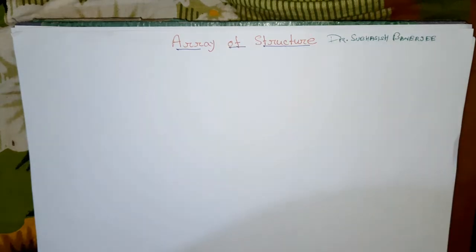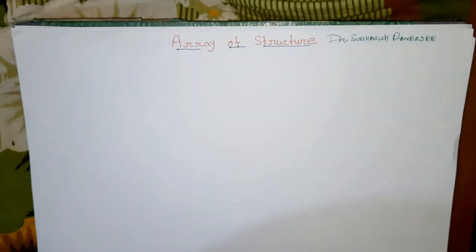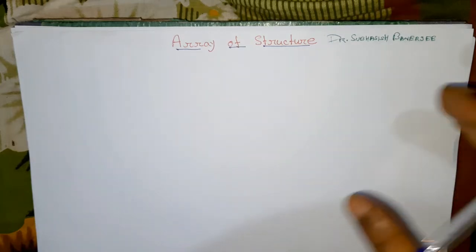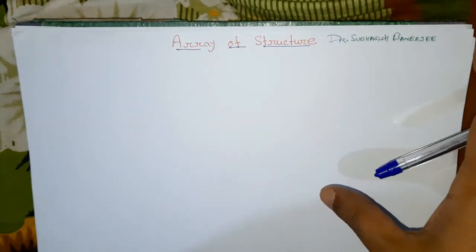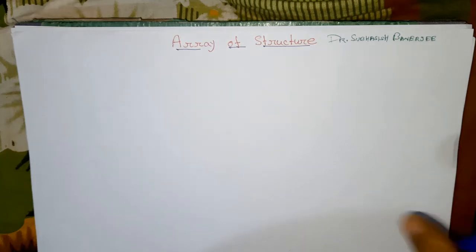But what will be the case when we need to store the records of, let's say, 100 or 1000 students? In that case it is very difficult and almost impossible to define that many structure variables or instances to store that many student records.